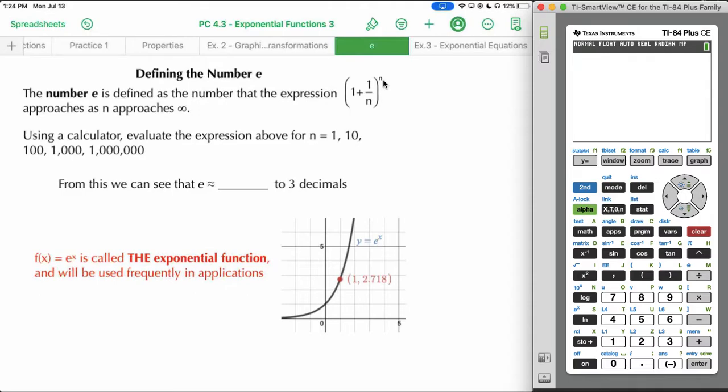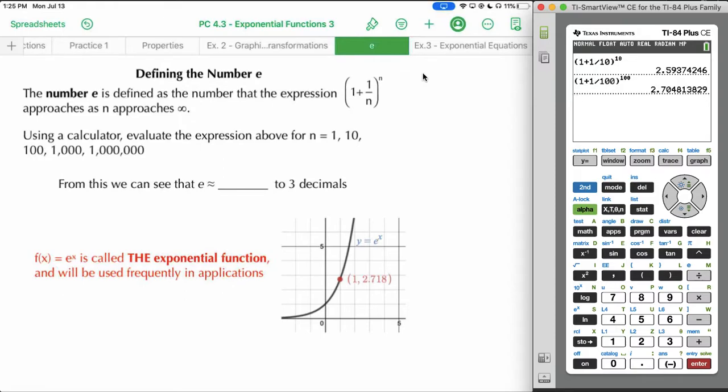Okay. Now I'll use the calculator to plug in 10 for n. Right? So 1 plus 1 over 10 to the power of 10 is roughly 2.59. What about 100 for n? 1 plus 1 over 100 to the power of 100, 2.7.